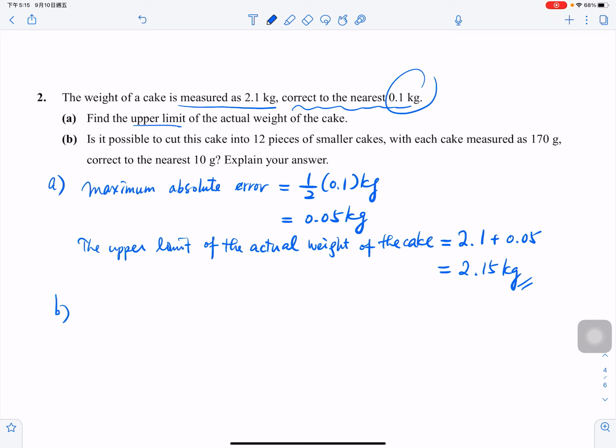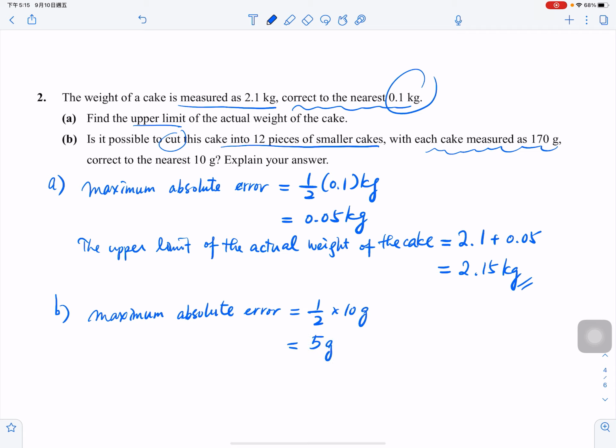Then part B. Is it possible to cut the cake into 12 pieces of smaller cakes? And this one is measured as 170 grams, correct to the nearest 10 grams. What do you think? Maximum absolute error equals half of 10 grams, so this time it is 5 grams.